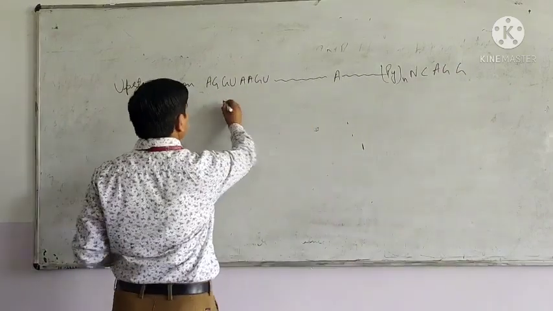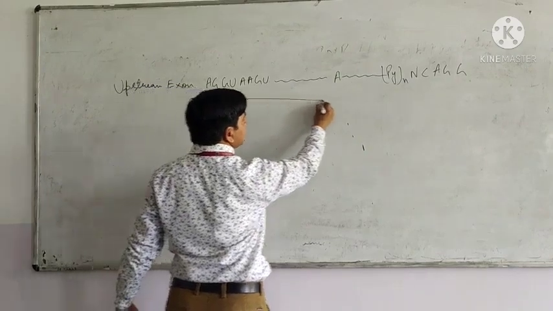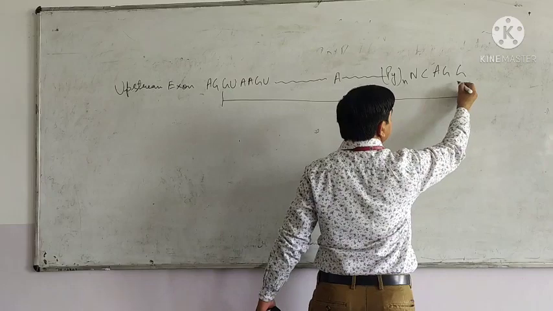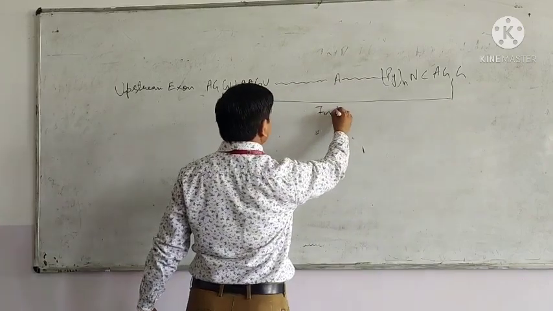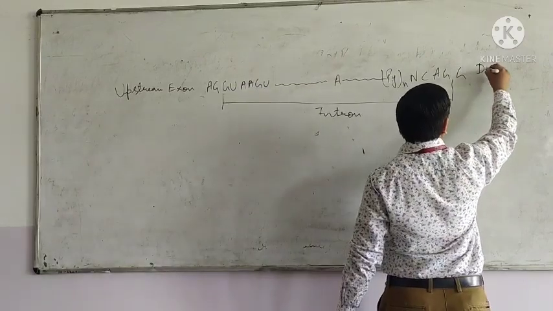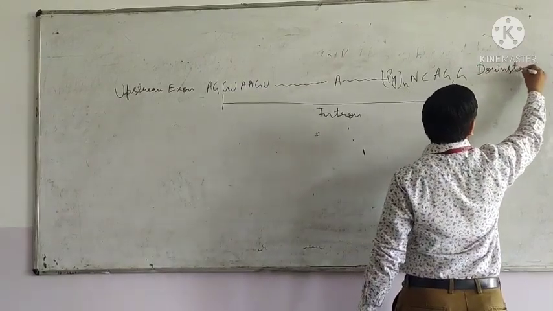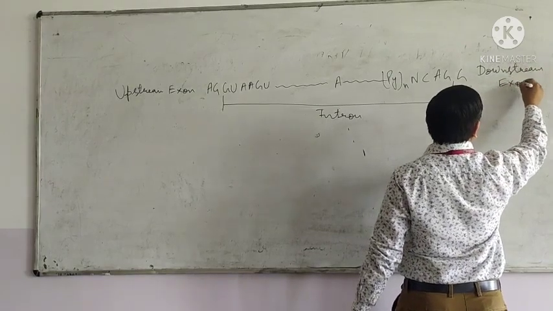This is the intron, from GU to AG, and then there is the downstream exon.